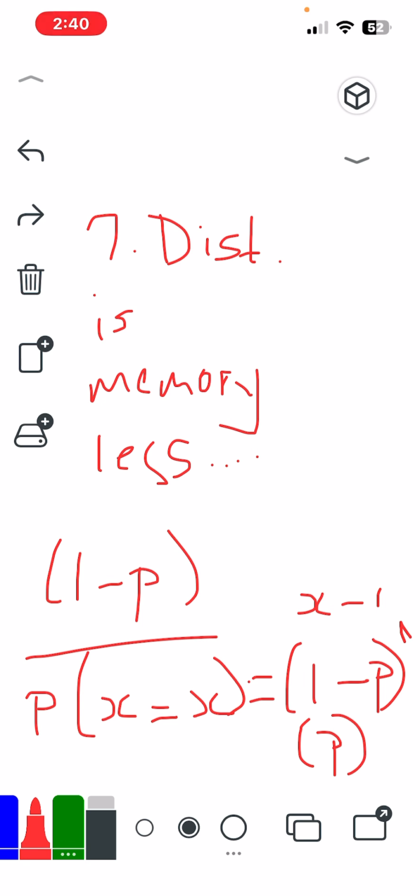Each probability will be 1 minus P. And your X minus 1, the exponent, basically tells you that the probability of the X trial is the first success.